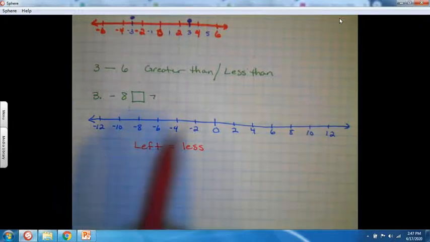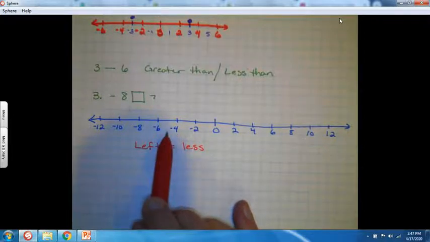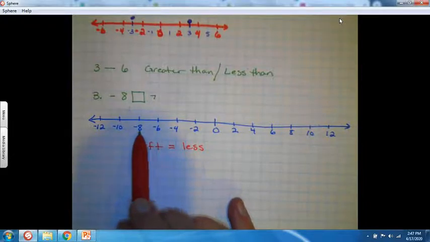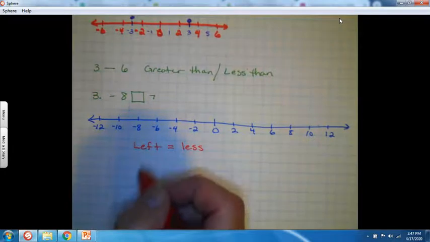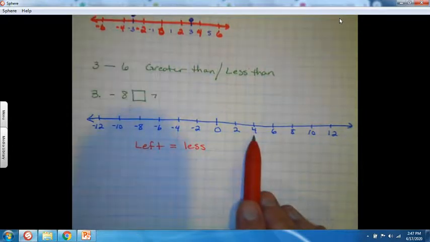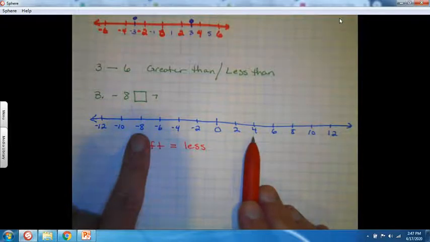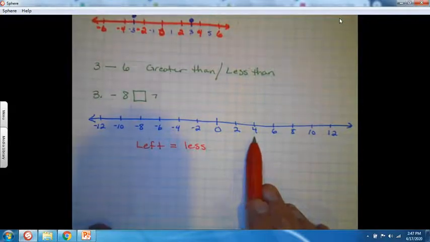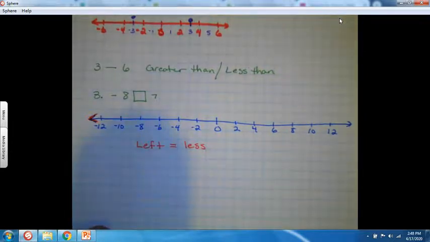Over here, if I'm at -4, what is less than -4? Well, -5, -6, -7, -8, -9, -10. So the further left you go, the smaller the number is. -8 is less than +4 because it's further to the left.